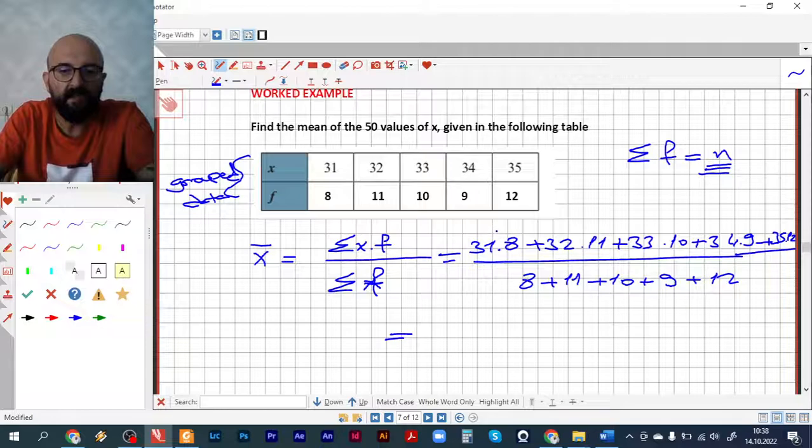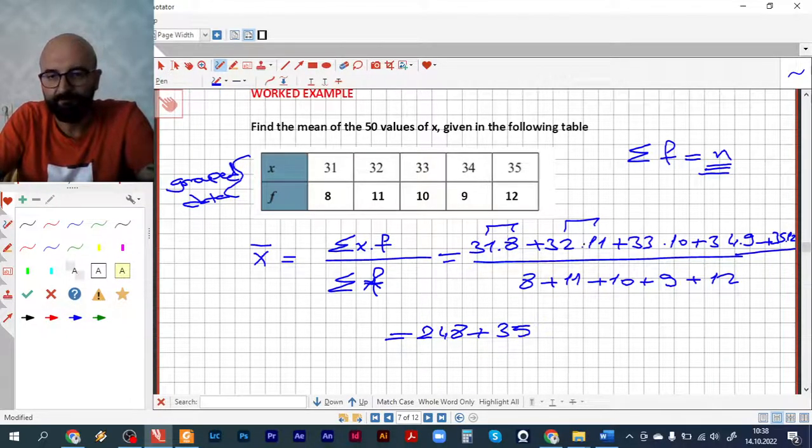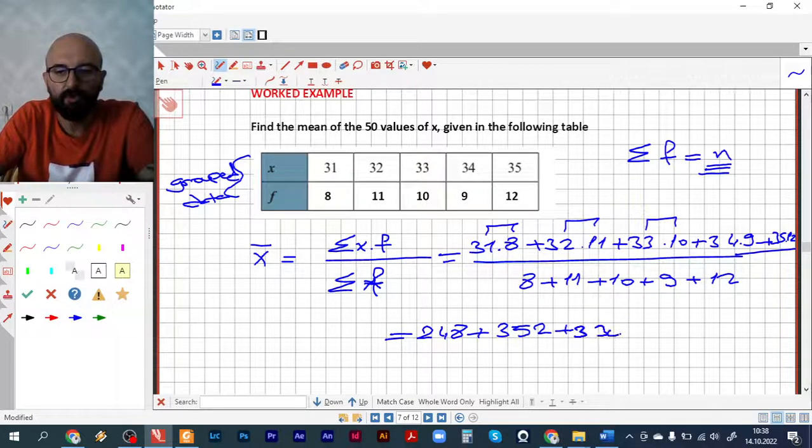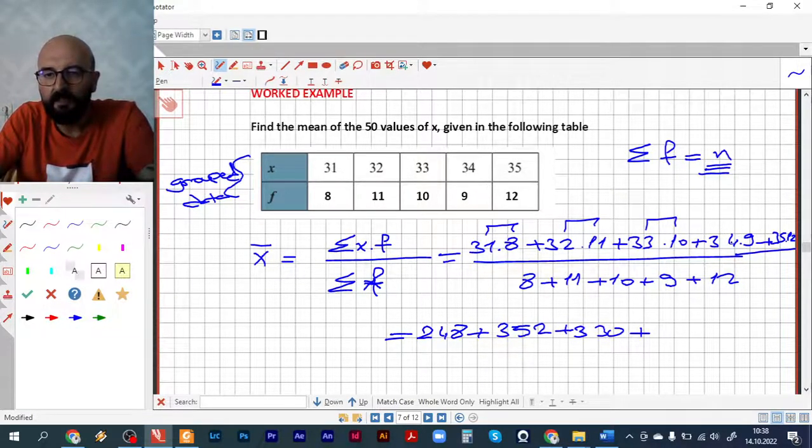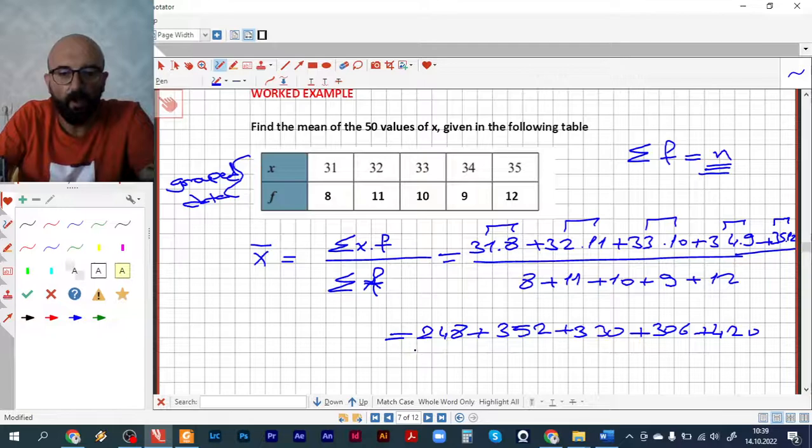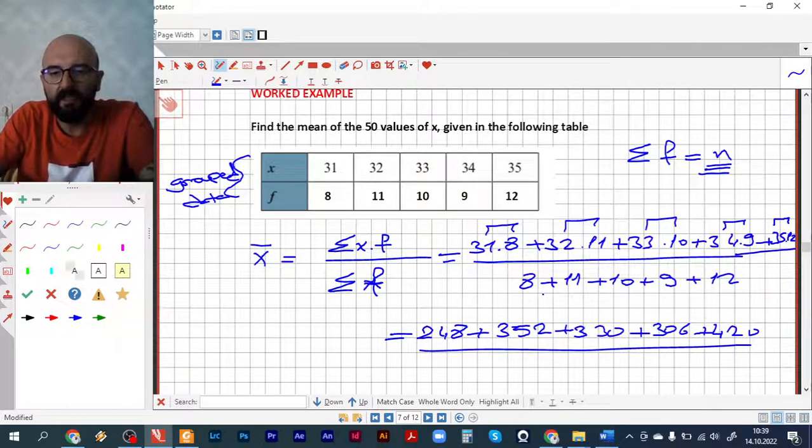And then we have 248, 352, 330, 306, and 420, over 8 plus 11 is 19, 29, 38 and 50.